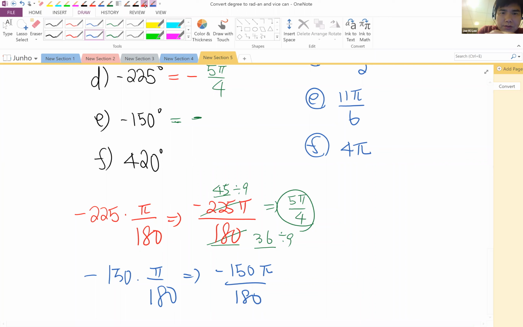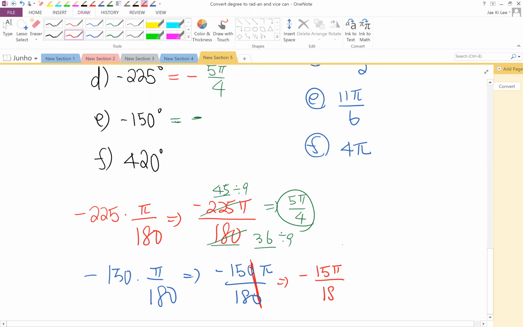Now we can simplify to negative 15 pi over 18. What's the common factor between 15 and 18? 3, and this becomes negative 5 pi over 6.